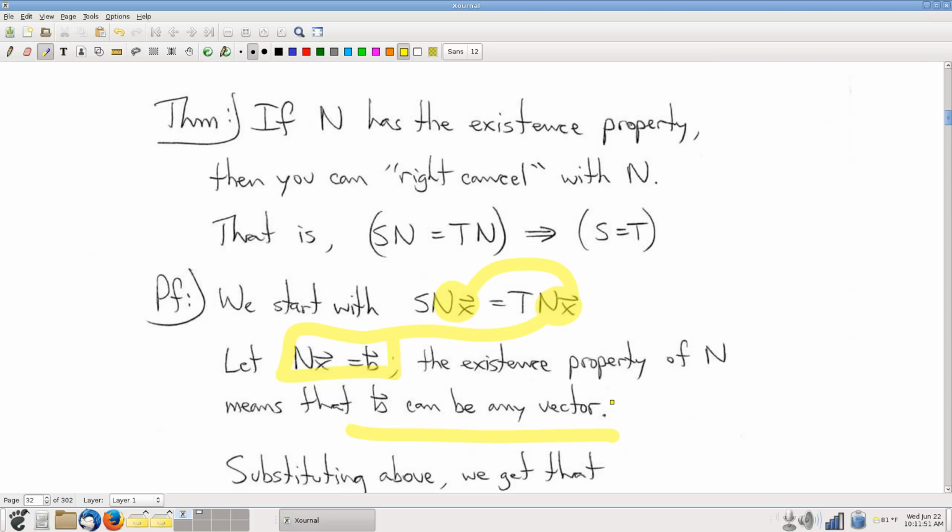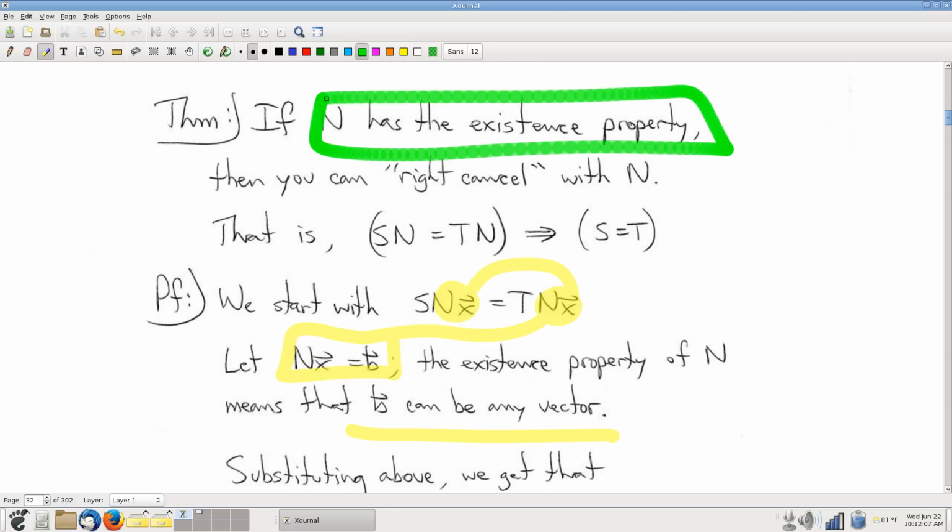No matter what you might want this Nx to end up equaling, whatever b you might pick, you can make that happen. There is some vector x that will allow for Nx to equal b. And the reason that I know that I can make this happen is because N has the existence property. It's the fact that N has the existence property that says that no matter what b is, I can find an x that will make this happen.